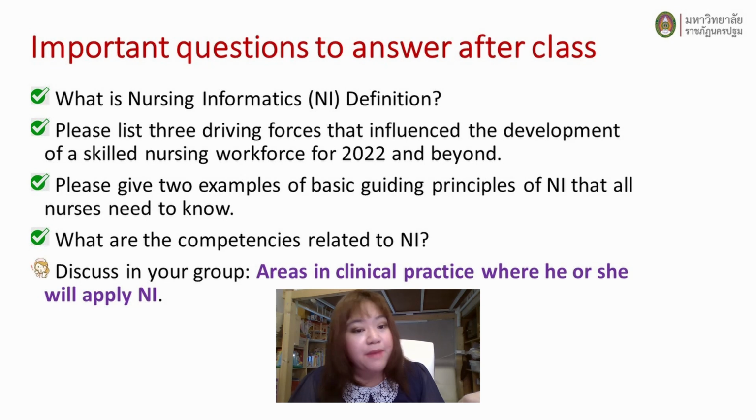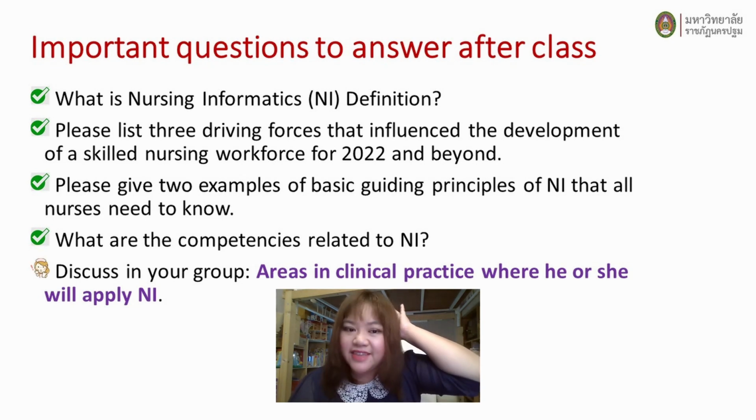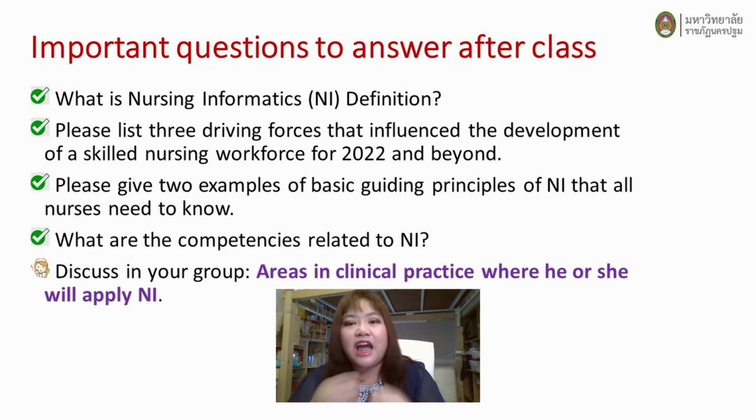We know about the driving forces, but it is your work to list 3 driving forces for me and write out the answer. For the basic guiding principles, we also talked about this a lot, but I want you to give only 2 examples and explain them for me. And what are the competencies of a leading NI? We also talked a lot about it. Don't forget to answer this question.